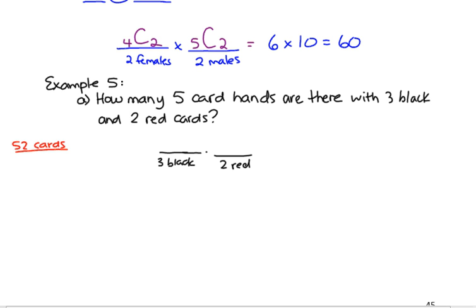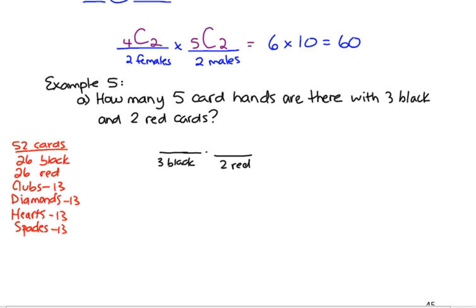It's half and half. So if there's 52 total, there's 26 black and 26 red. There's 4 suits, right? What are the suits? Does anyone remember? Clubs, diamonds, hearts, and spades. And there's 13 in each suit.